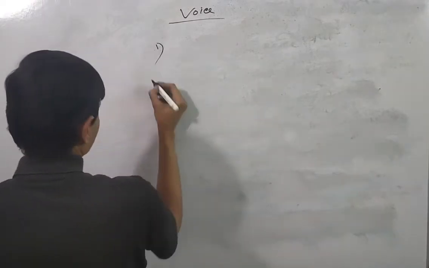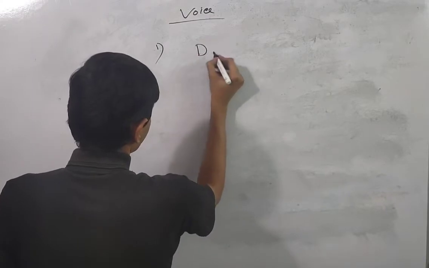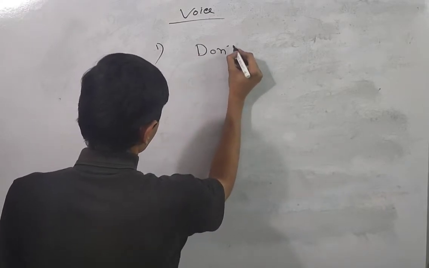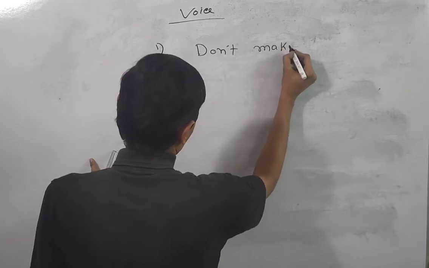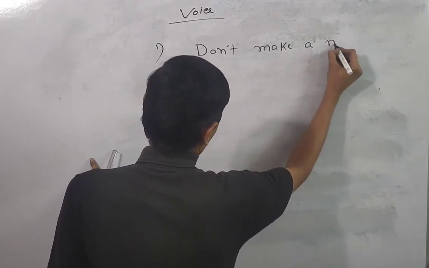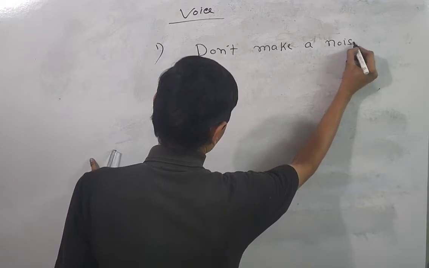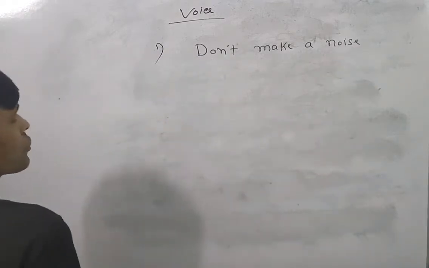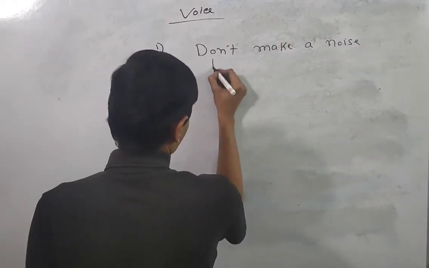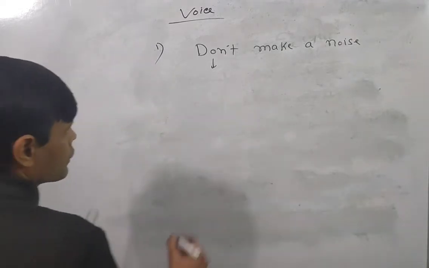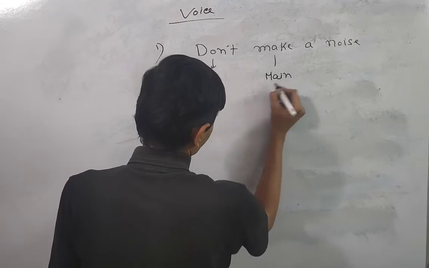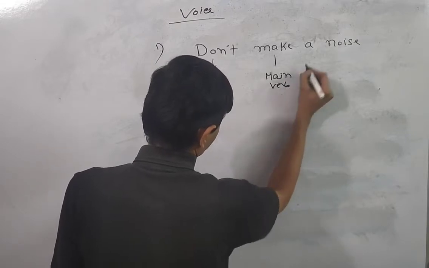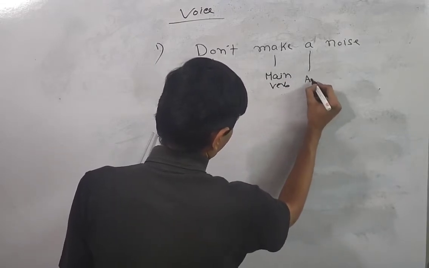Suppose you are saying, do not make a noise. If we break it down, don't is the abbreviated form of do not. Make is the main verb. A is the indefinite article.